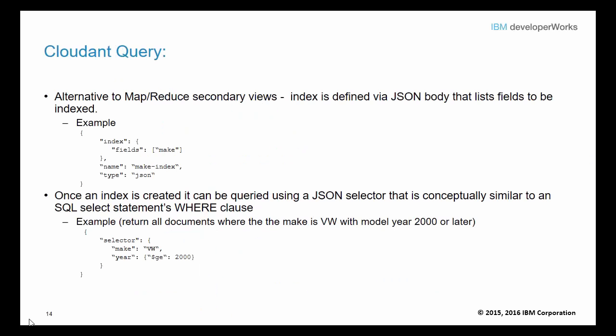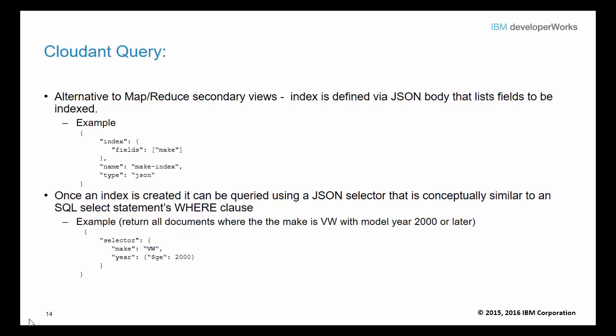Now let's look at Cloudant Query. As we mentioned earlier, Cloudant Query is an alternative to MapReduce secondary views. They're indexes that are defined via JSON code as a list of fields to be indexed, as opposed to actual JavaScript code, which is the case in MapReduce secondary views.